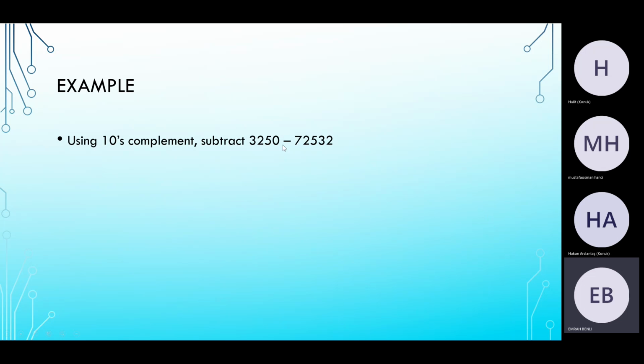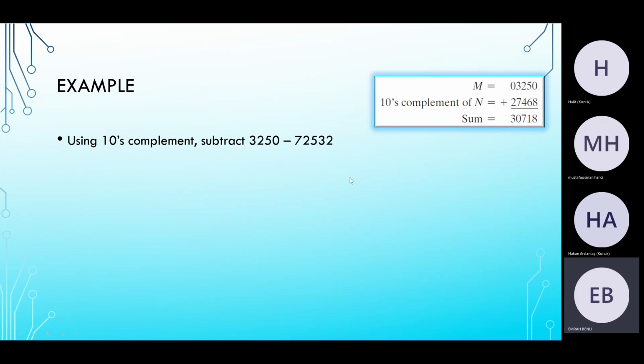Now let's see vice versa. So we have this 4-digit number minus that 5-digit number, and this time we are going to get the tens complement of this number. This is n now. As you can see, we got the tens complement of this, and we put the number here. After the addition, our sum is this number. Do we have an nth carry, an extra digit here?